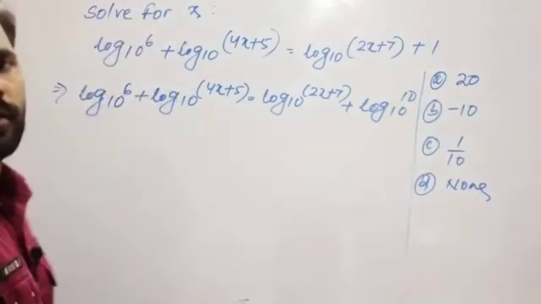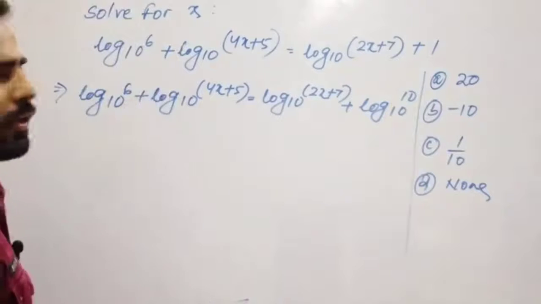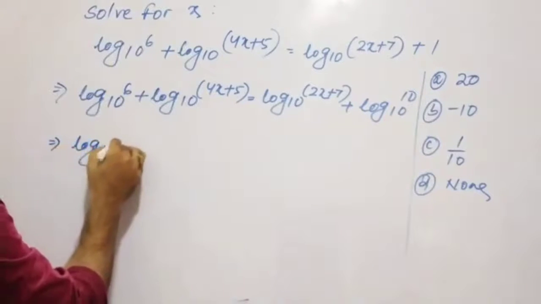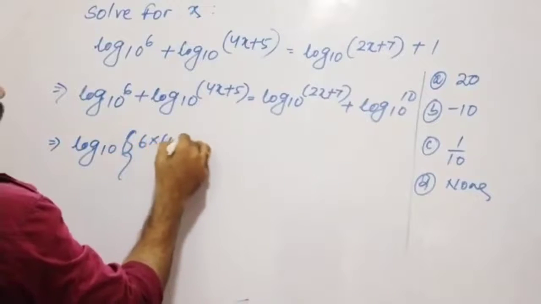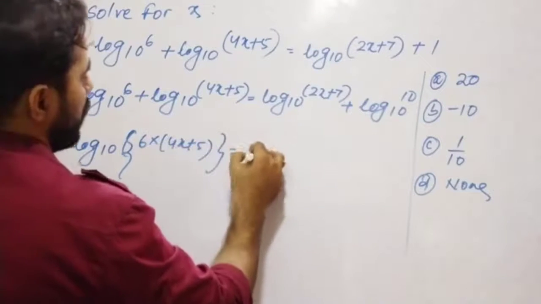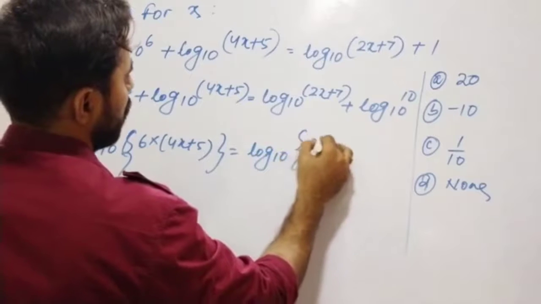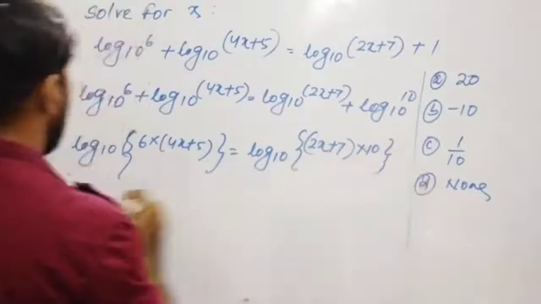By using the product law, log m to the base a plus log n to the base a means log of m into n to the base a. So log (2x plus 7) into 10 to the base 10.